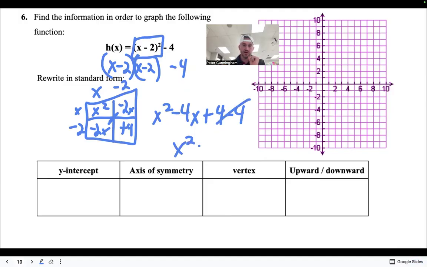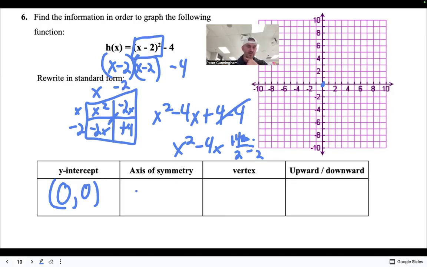So we have x squared minus 4x, which means that my y-intercept is actually 0, 0. Okay. My axis of symmetry. If you wanted to do negative b over 2a, so negative, the opposite of b, negative 4 is our b, so we would have positive 4 over 2 this time. 4 divided by 2 is 2.